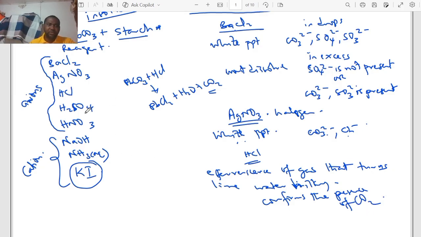Now H2SO4 is also going to give you the same effect, effervescence of a gas, but the difference between H2SO4 and HCl is that if it is H2SO4, apart from the effervescence, a precipitate will also be formed.